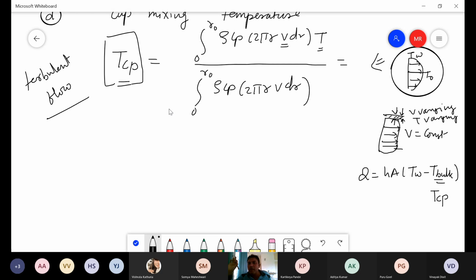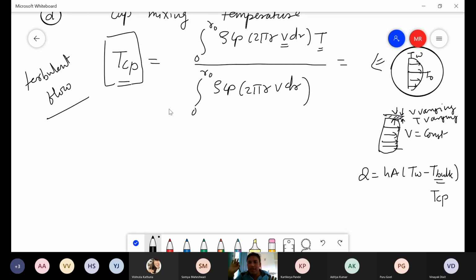It will be dependent on density, specific heat, thermal conductivity, and velocity profile, isn't it? That is what we said in the starting. Now I wanted to find out the cup mixing temperature, which includes the effect of all these variations.